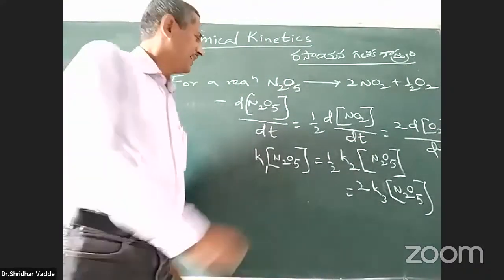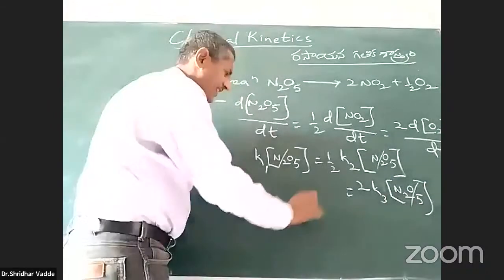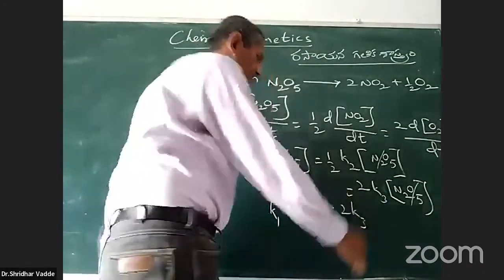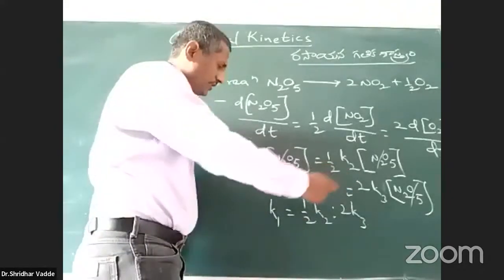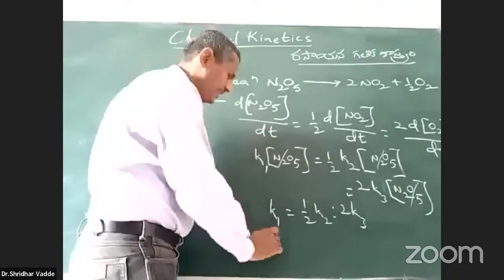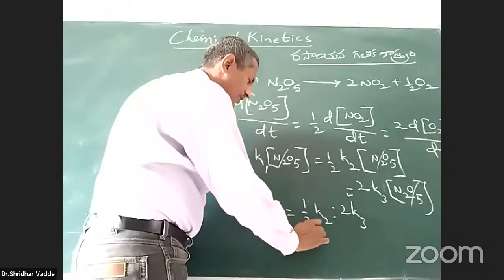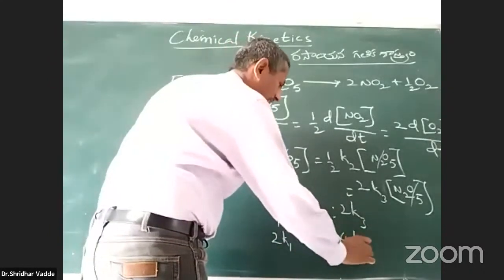So now N2O5 and N2O5 cancel. K1 is equal to half K2 is equal to 2K3. Multiply it with 2. What do we get? 2K1 is equal to K2 is equal to 4K3.